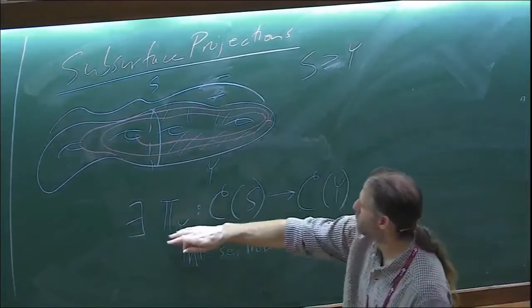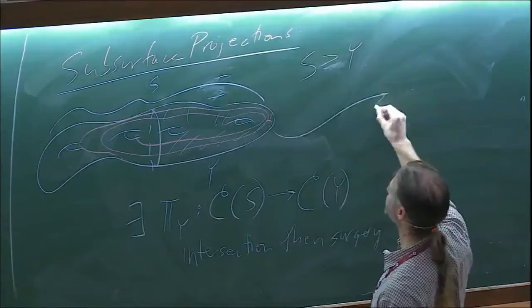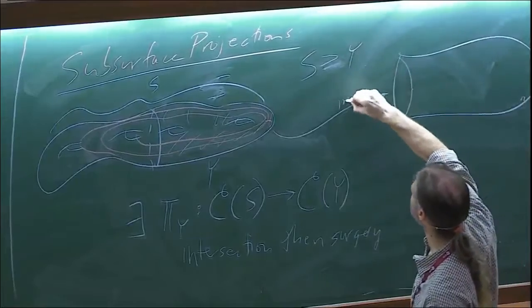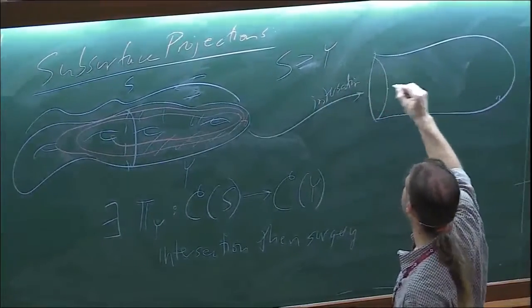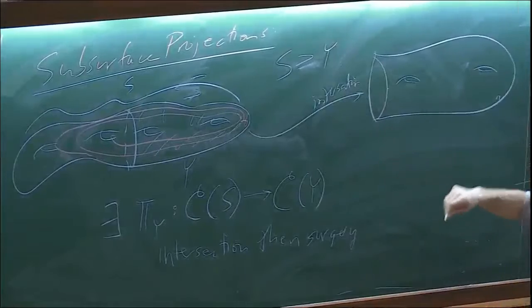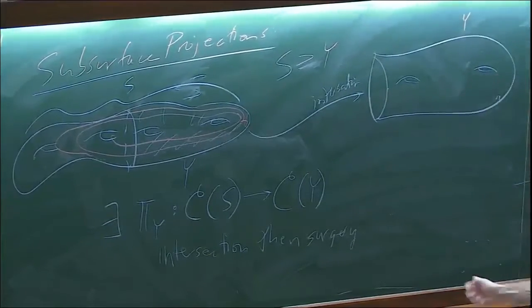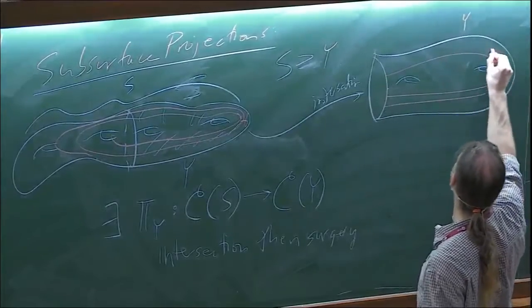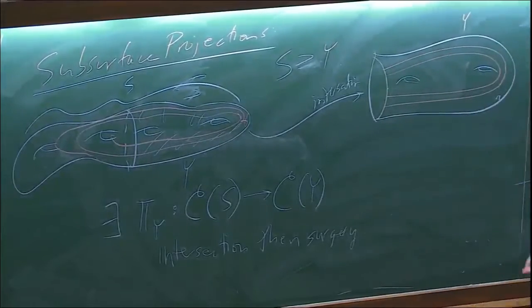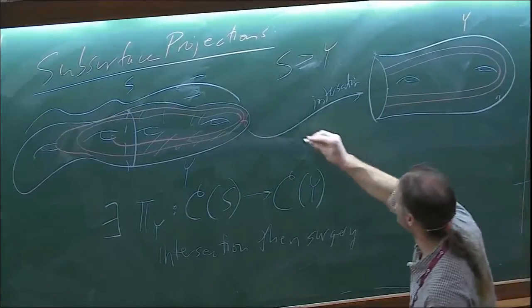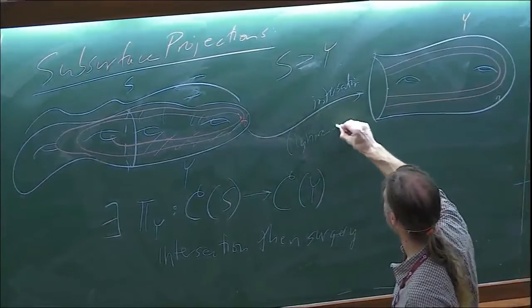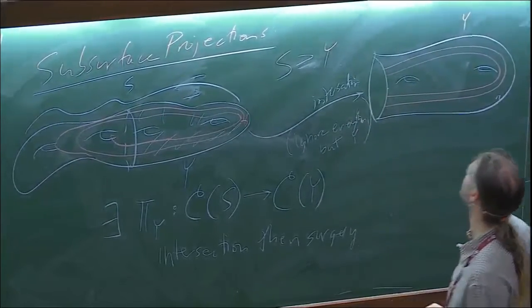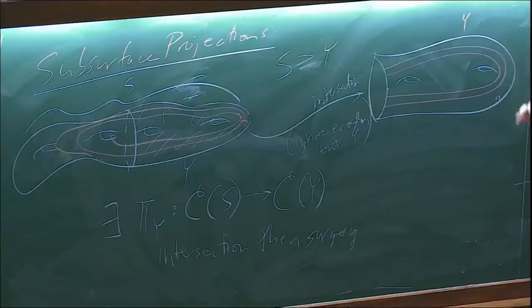Then what my projection is going to be is the following. First, I'm going to just redraw my picture. This is my intersection, which is just: ignore everything but Y. This gives me some collection of arcs.